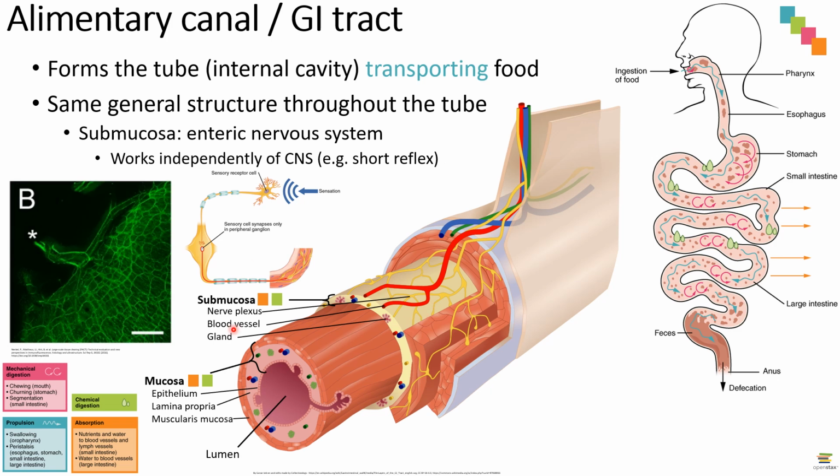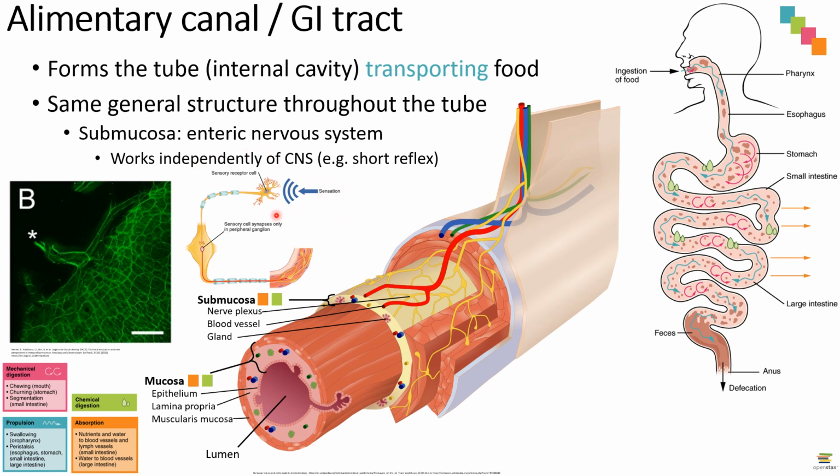And one of the things I want to mention about this enteric plexus, this network of nerve fibers, is that it can largely work, and largely does work, independent of the CNS or even the autonomic nervous system in general. So if you think about like the sympathetic chain, it does that via these short reflexes.